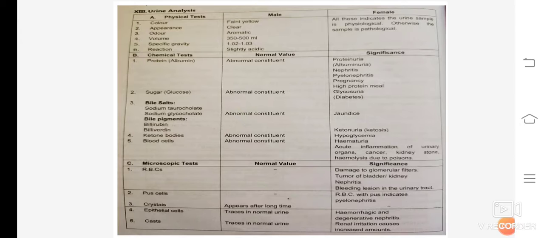What is the significance of protein, for what purpose are these chemical tests carried out? In the significance we mention proteinuria, that is albuminuria, then pyelonephritis, pregnancy, then high protein meal.